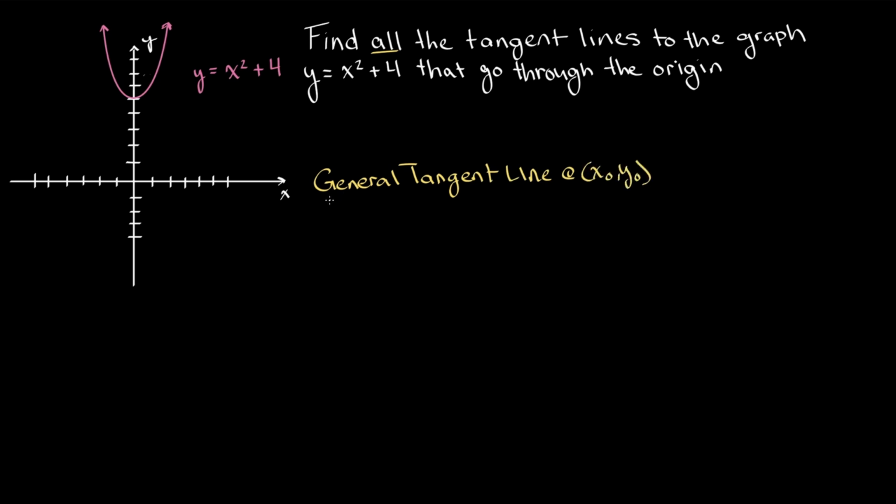So what is our general tangent line? Well, in the last video, we saw that we can write down y minus y naught is equal to the derivative at x naught times x minus x naught.